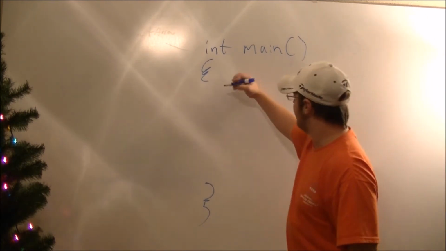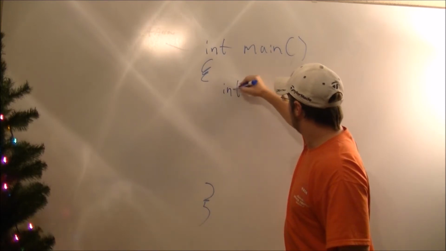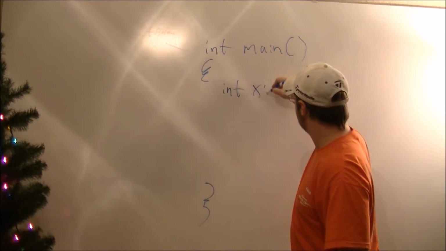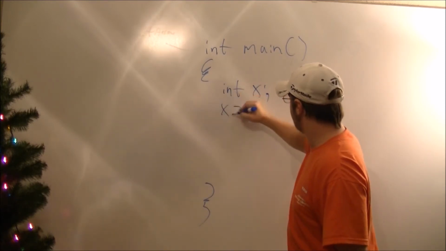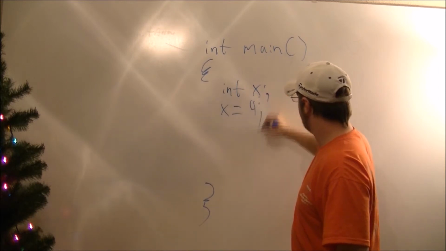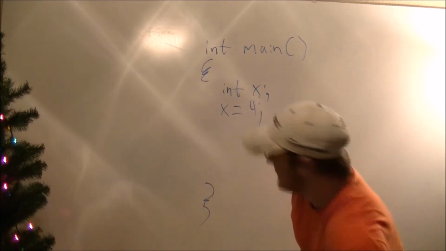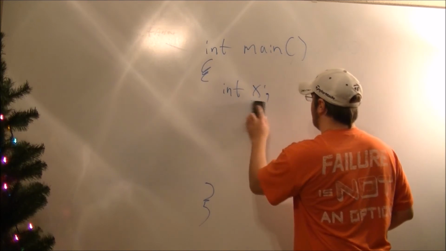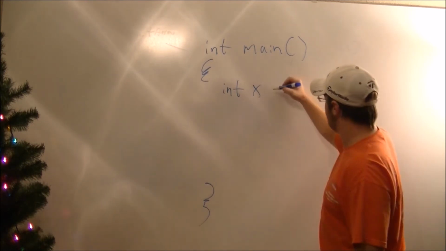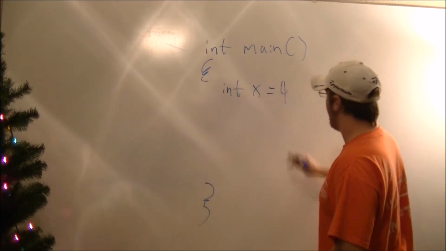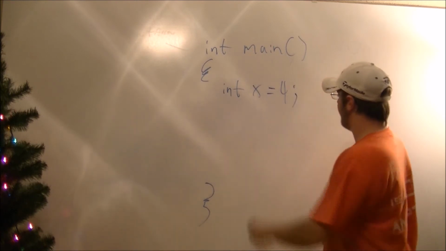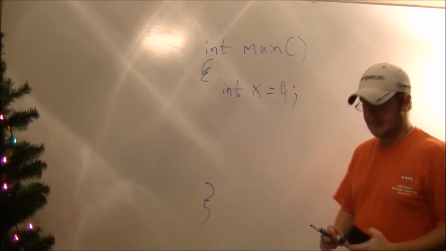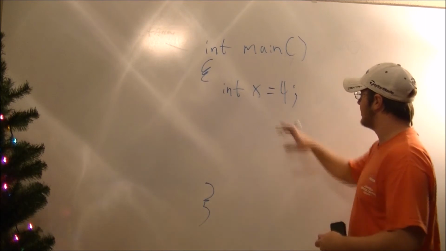Now you don't always have to write it like integer x equals 4. You could just as easily do int x equals 4 and give it a value in the same line that you declare it in. So that's just something to keep in mind.